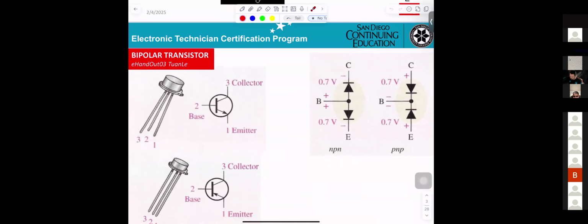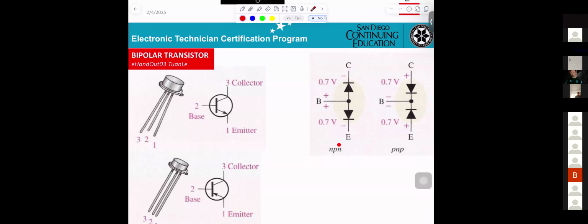Now this is the transistor when you're working on the lab. NPN and PNP. And if you say NPN, this is the base. You get one diode from the base to the collector, and another diode from the base to the emitter.